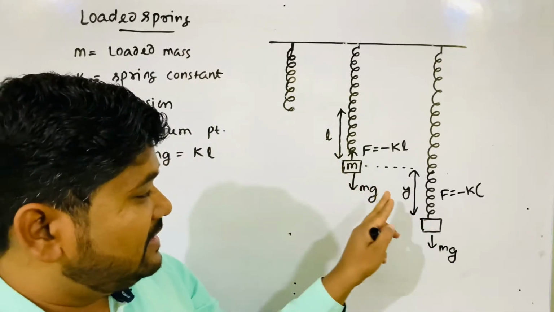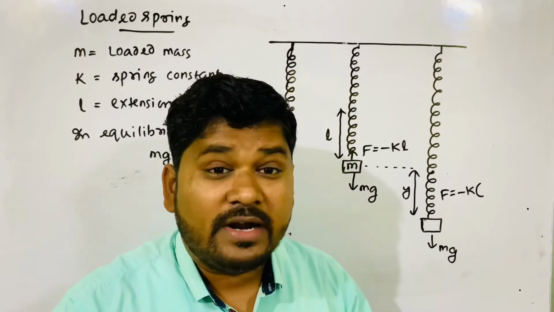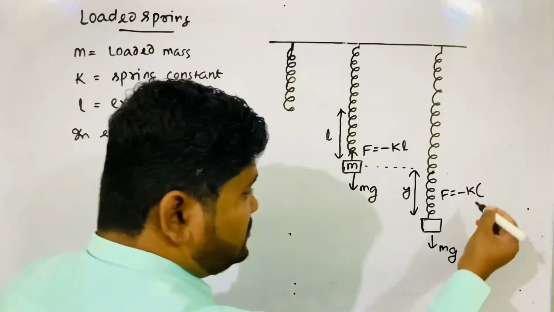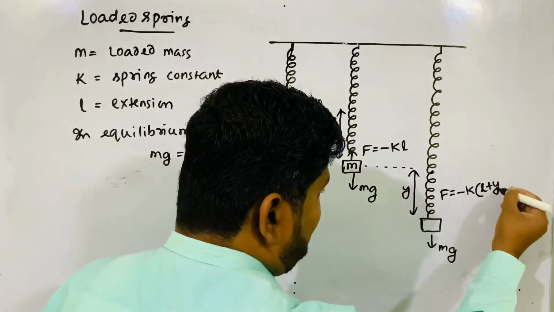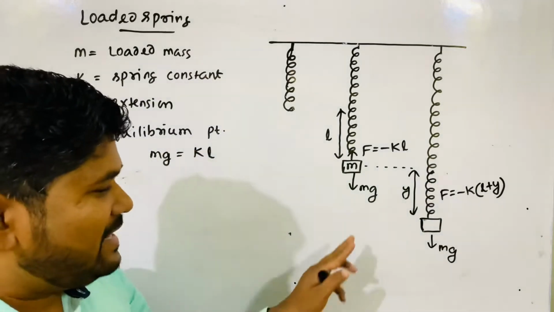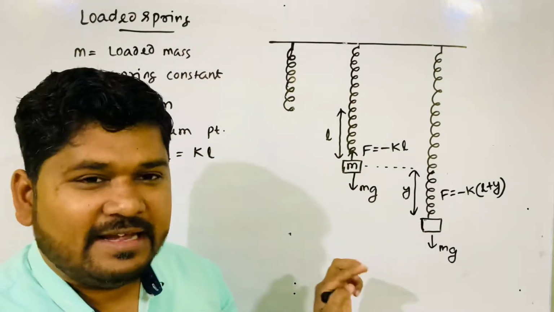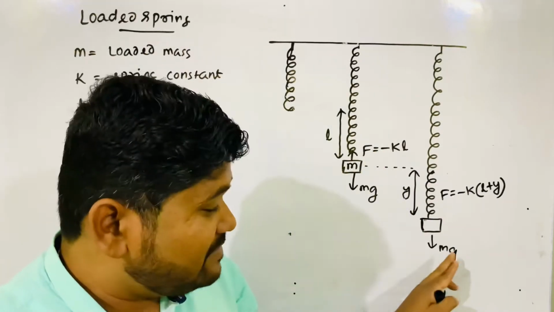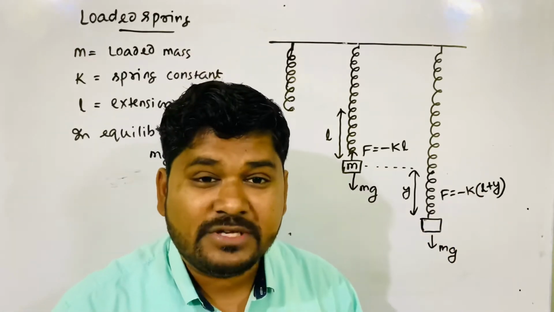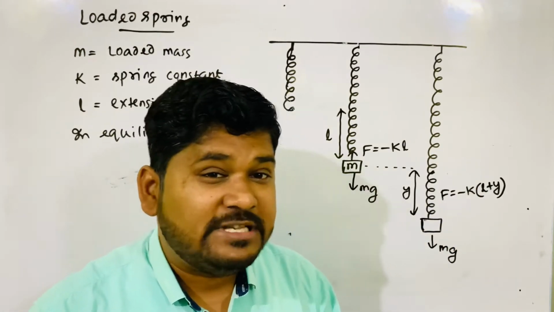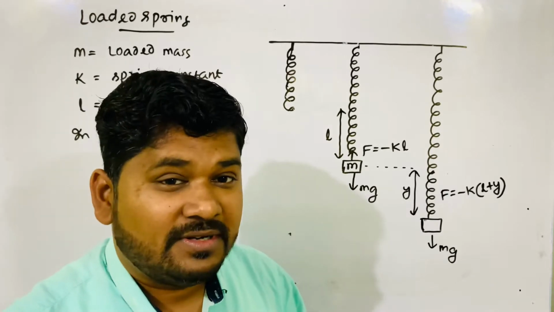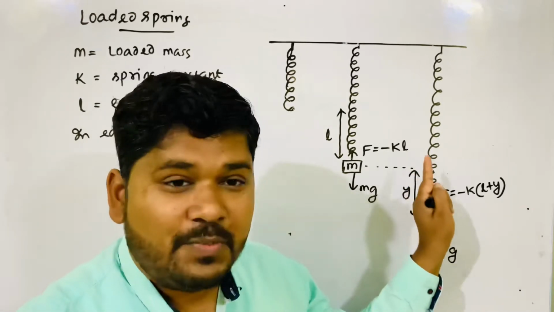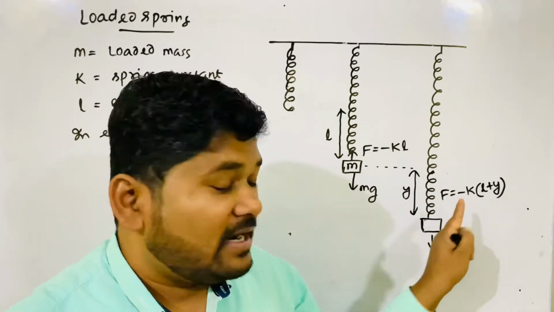Here is L, here is y. Then the total extension is L plus y. But mg is equal to kL. Mg is equal to kL, but mg is not equal to k into (L plus y). Which side is the force now more? Upward, it is more.